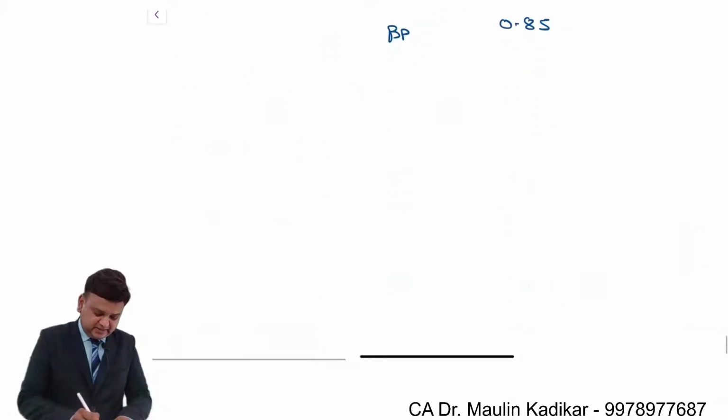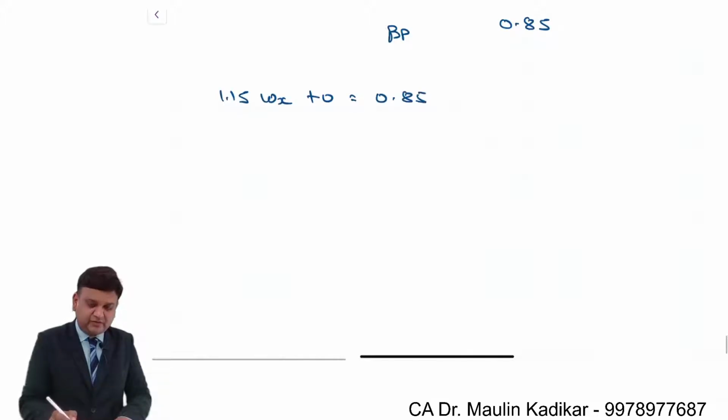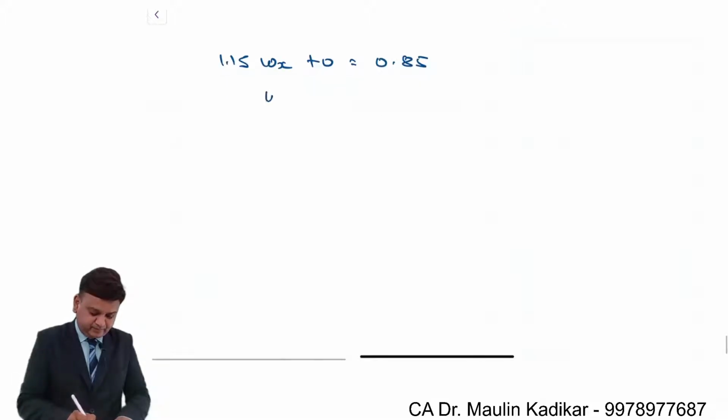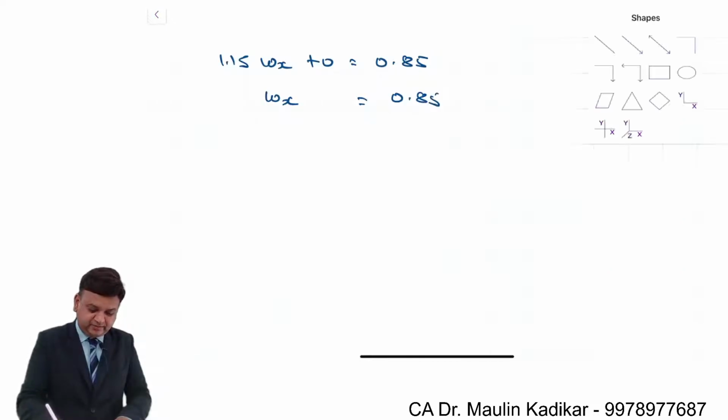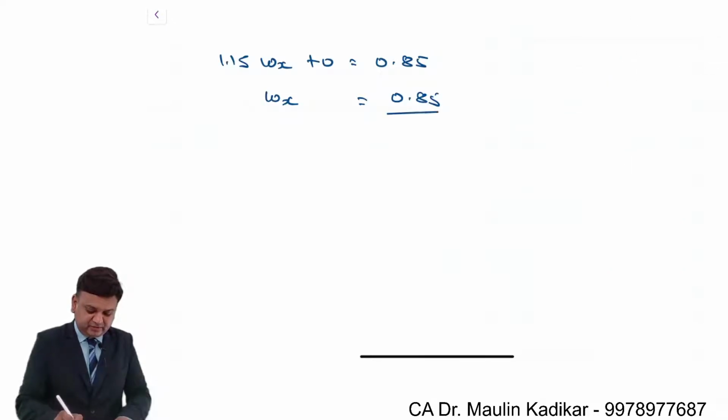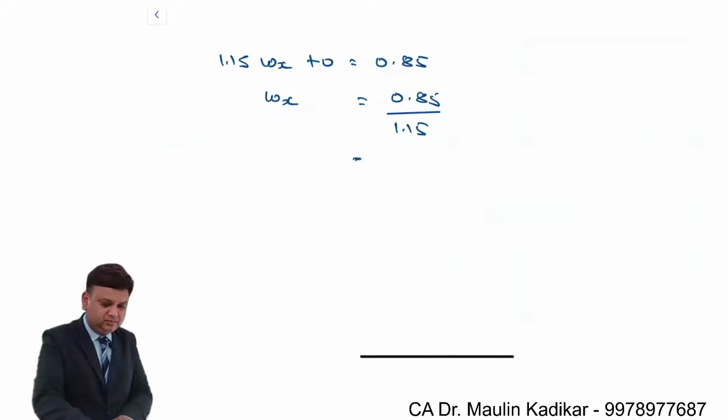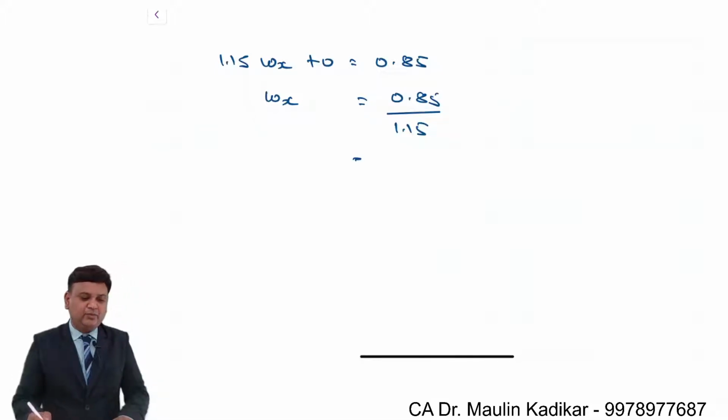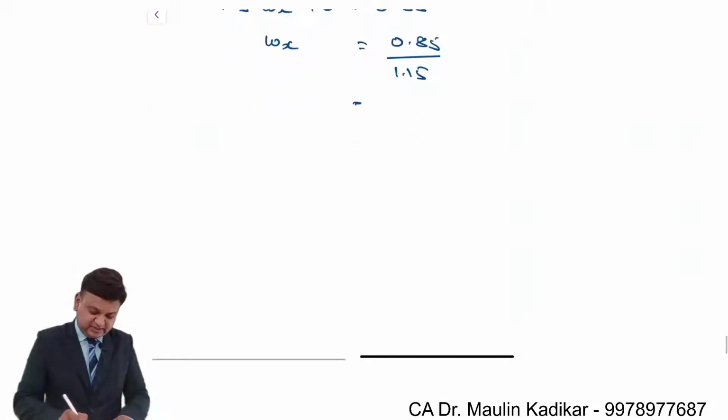Now we'll compute the Wx as balancing figure. So over here we understand 1.15 Wx plus 0 is equal to 0.85. So Wx is equal to 0.85 divided by 1.15. So the answer comes to 0.7391.